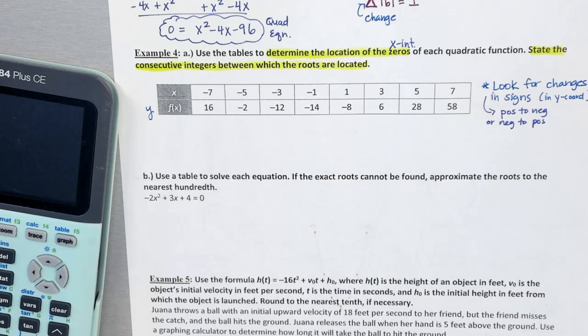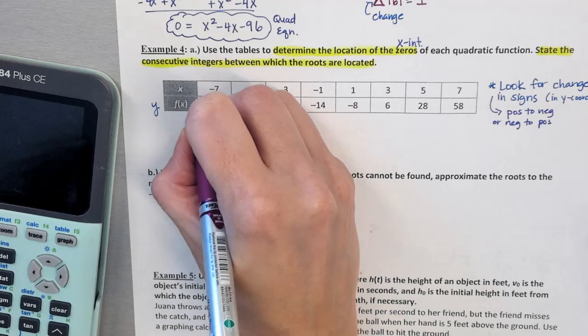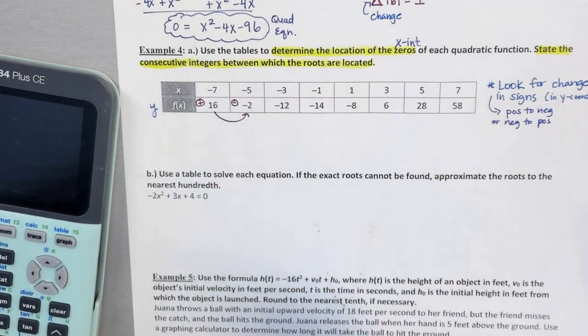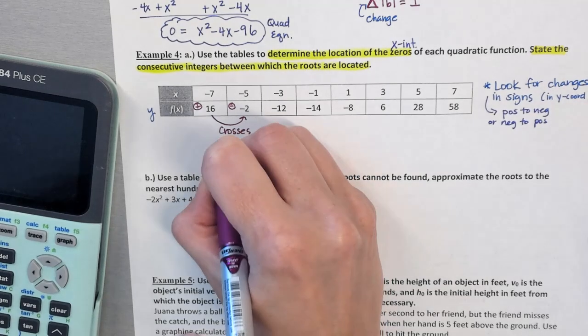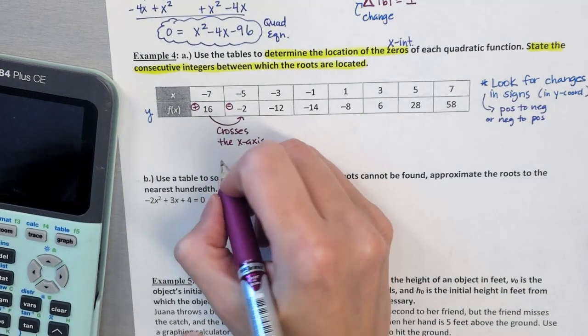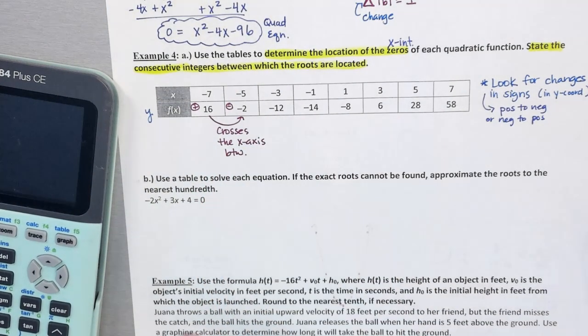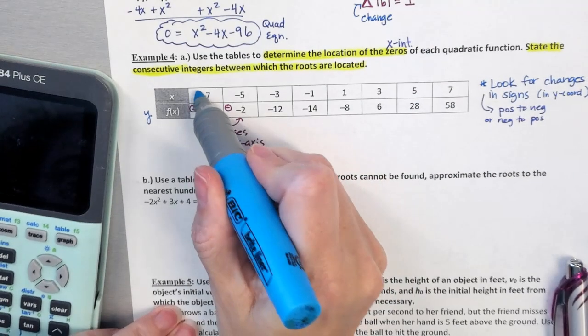All right, Logan, can you tell me one of the changes from a positive to a negative or a negative to a positive? Okay, yep, so in your y's, you'll see the 16 and -2. So that changes from a positive 16 to a -2. So what this means is this crosses the x-axis between, and like Logan mentioned, it's between your two x values.